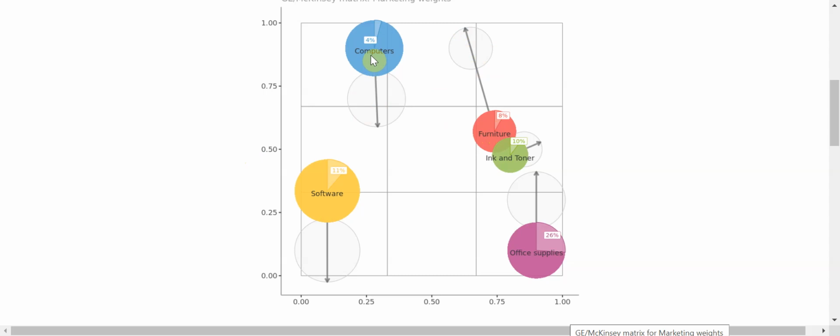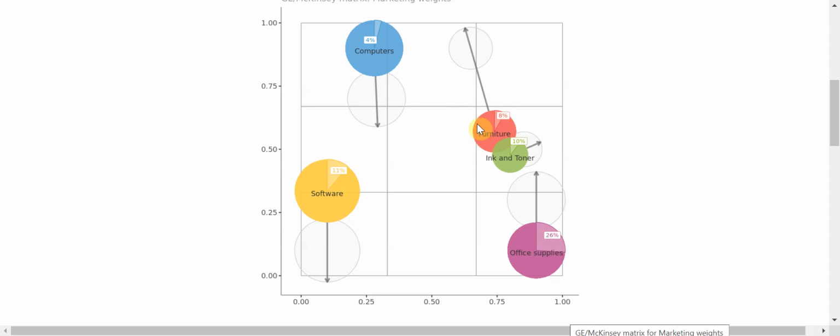Computer may be a little bit in decline, and software is also in decline, because competition is tough in those industries. So you can determine which unit you will invest in. Because furniture is growing, you can invest in it, but the downside is the industry is small, while you have 8% of market share.